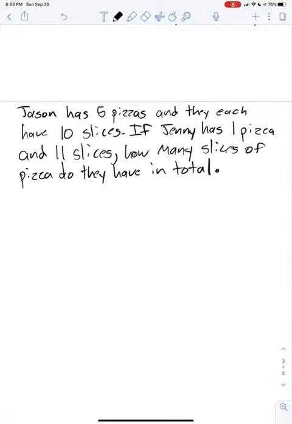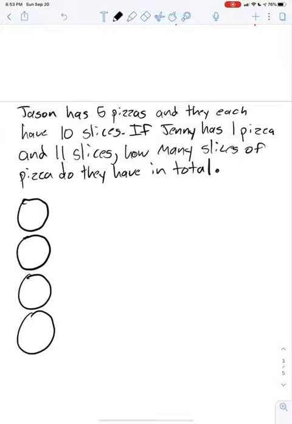So if you notice, Jason has 5 full pizzas. 1, 2, 3, 4, and 5. And each slice of pizza is worth 10. So I'm going to draw that here.